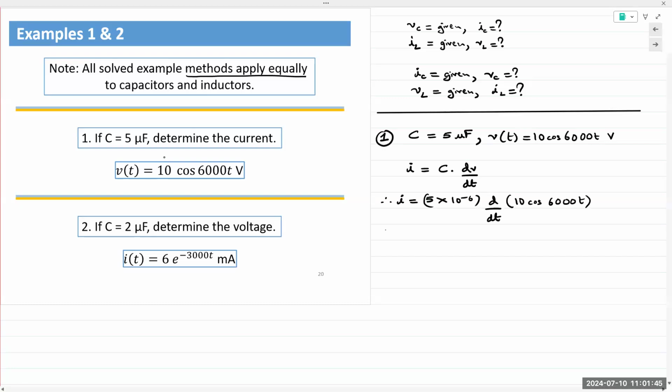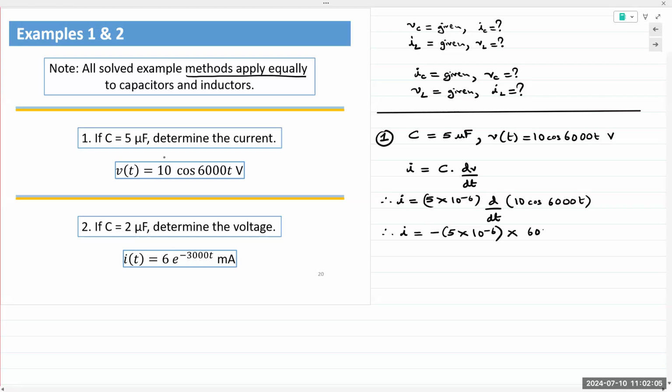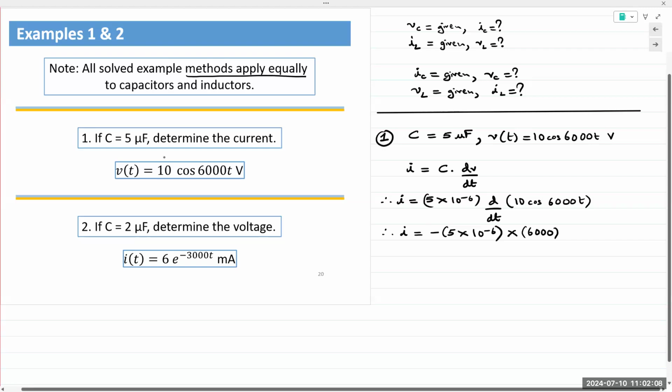We simply solve this. Derivative of a cos is minus sine, so we have a minus at the front. And then for the derivative of cos of at, the a comes outside, 6000. So the final quantity of the derivative would be 10 sine 6000t.